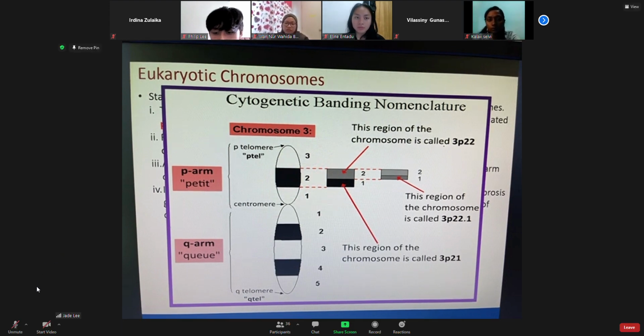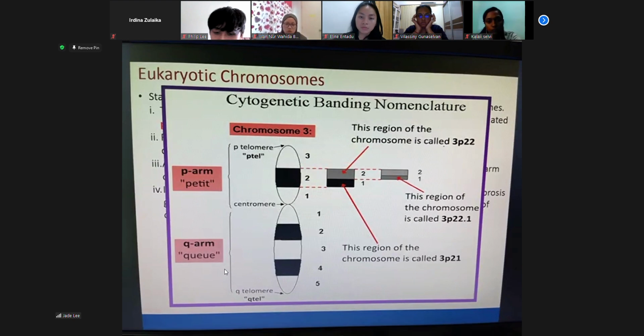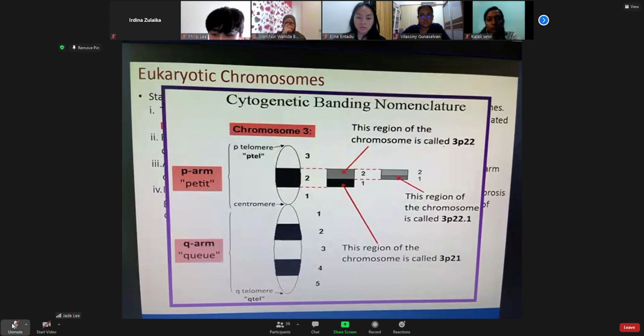Boleh faham? Okay. Dan also, if we want to study the function of the gene, we always look at the neighboring genes. Okay? There must be a reason why these genes they reside together. Betul? Make sense or not? Gene they cannot function by itself, betul tak?